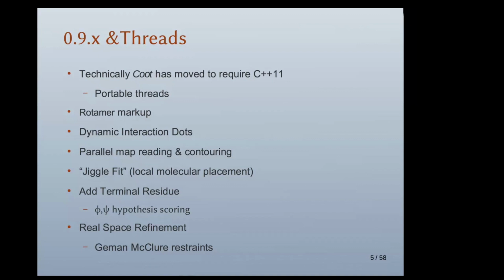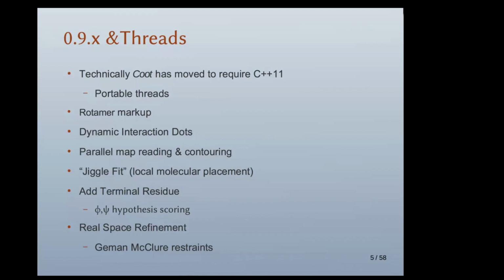The map has been improved, both the contouring and the reading. Jiggle fit, which is local molecular replacement, is a very useful tool. I find it a very useful tool in cryo-EM reconstructions. Very frequently, we want to be doing model building by adding terminal residues, and the ability to look ahead, refine, score, and then prune gives far more robust results.